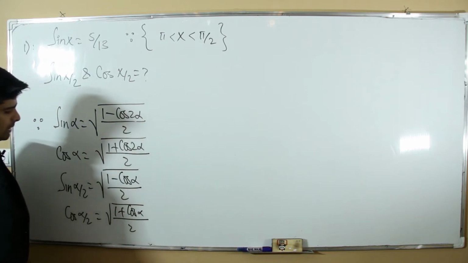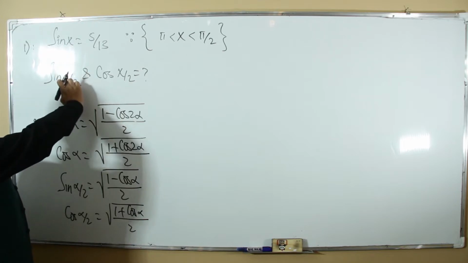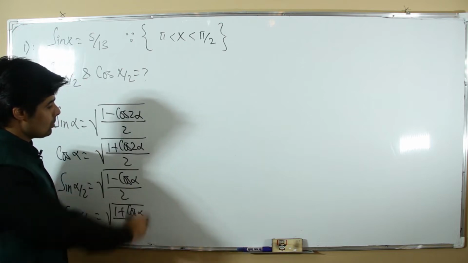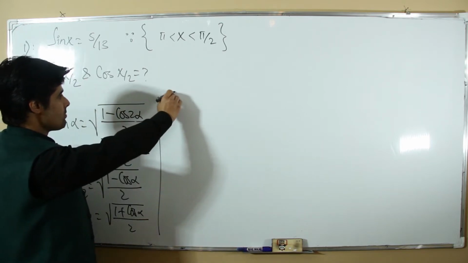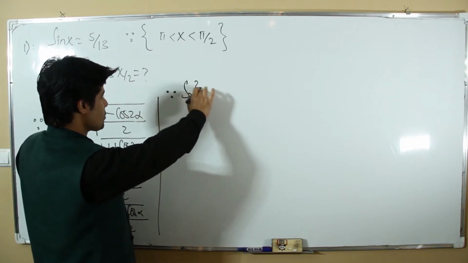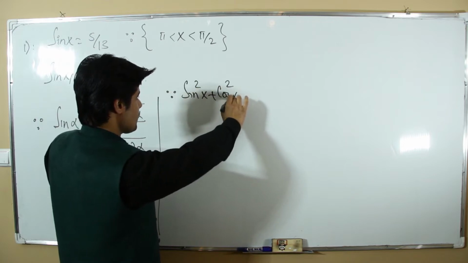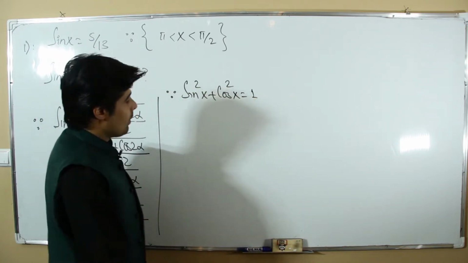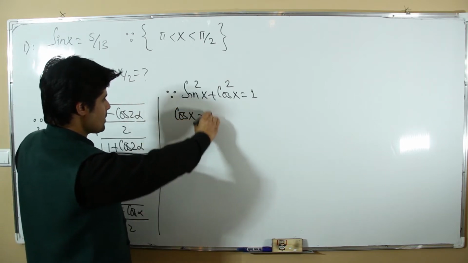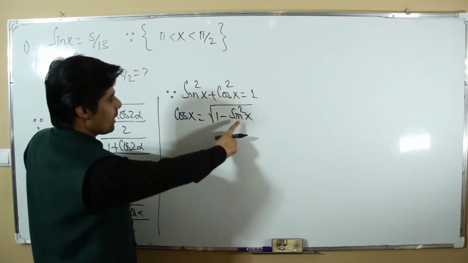Now, what we can observe from here: the sine of the angle is given, and the sine of half of the angle is asked. So according to the fundamental identity of trigonometry, we know that sine square of every angle plus cosine square of that angle is 1. Now, what is cosine of x? Cosine of x is root of 1 minus sine square of x, yes?